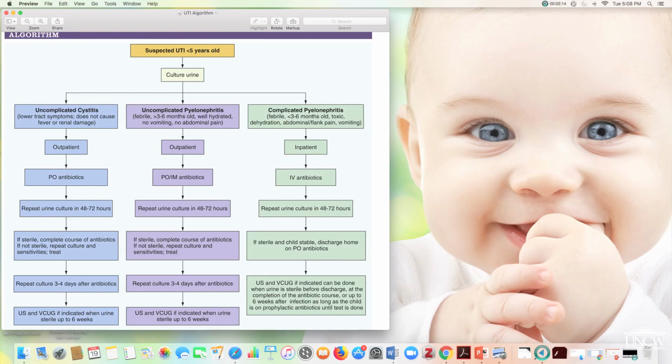Now, when you're talking about symptoms, it depends also on the age. The things that a child in infancy is going to come in with are totally different than the things that an older child presents with. For neonates, some of the clinical findings for urinary tract infection in babies who are very young, less than 28 days or 28 days and under, you may see jaundice, you may see hypothermia.